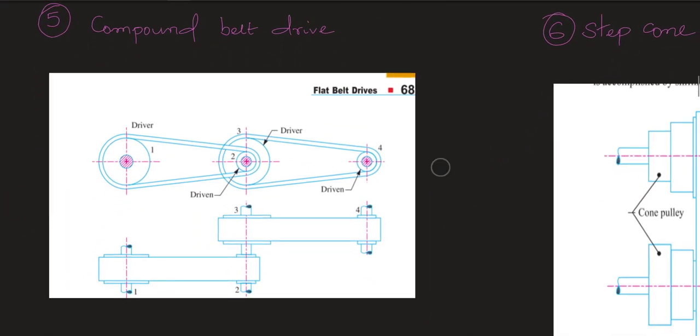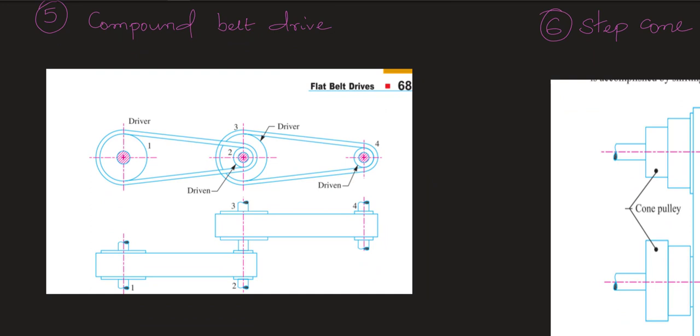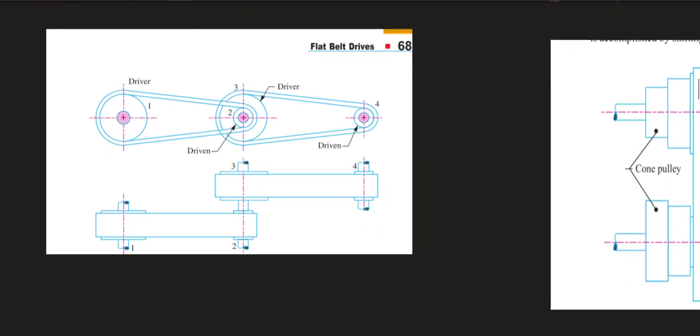The next one is a compound belt drive. In a compound belt drive, you can see that of pulleys 1, 2 and 3, pulley number 2 and pulley number 3 are mounted on the same shaft.